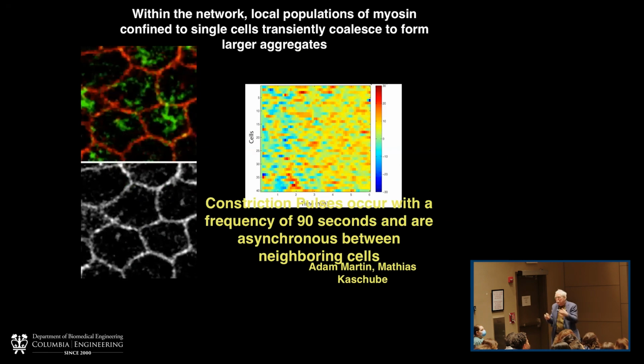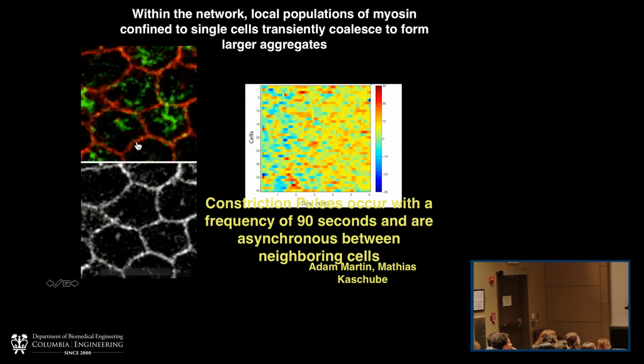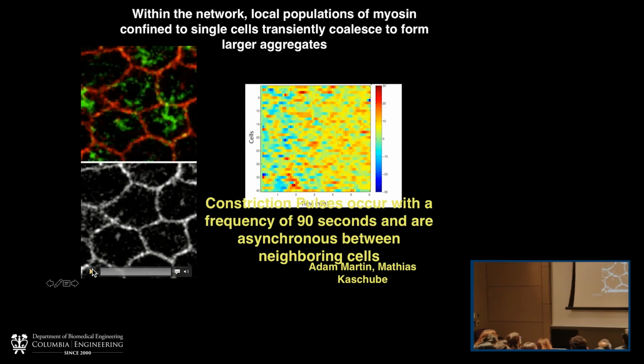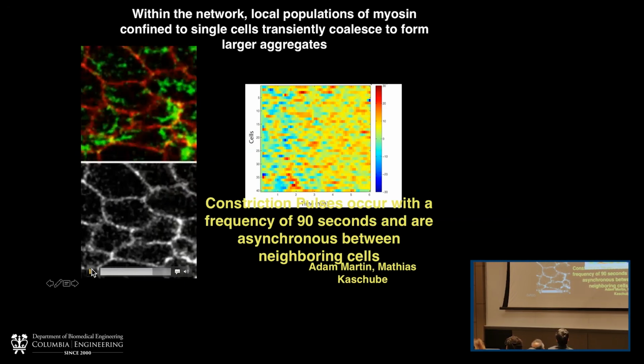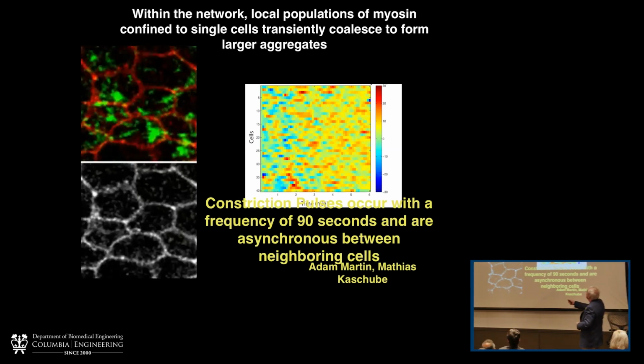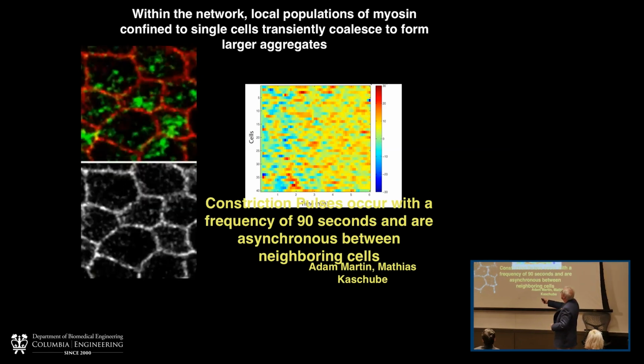All right, so the most telling feature of this network is that it's contractile, but it has a slightly more complex pattern of contractility. If you look at individual cells, you can follow myosin accumulation in an individual cell.